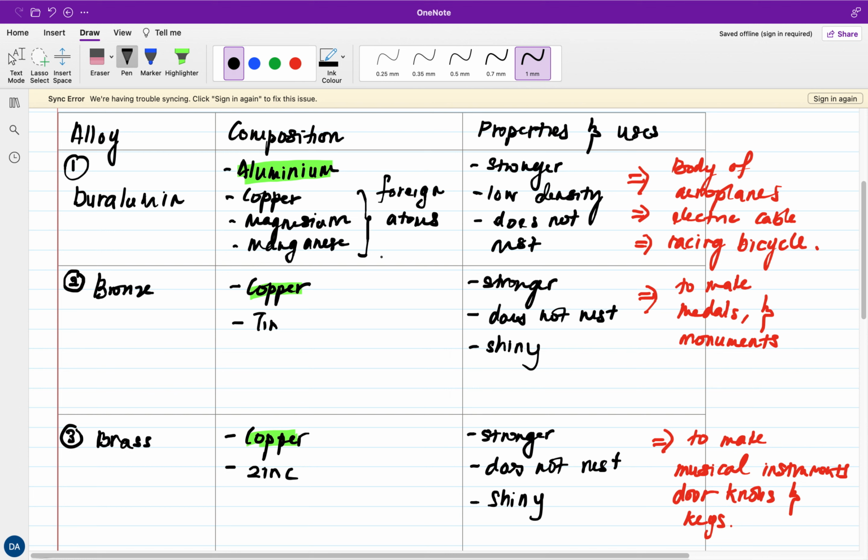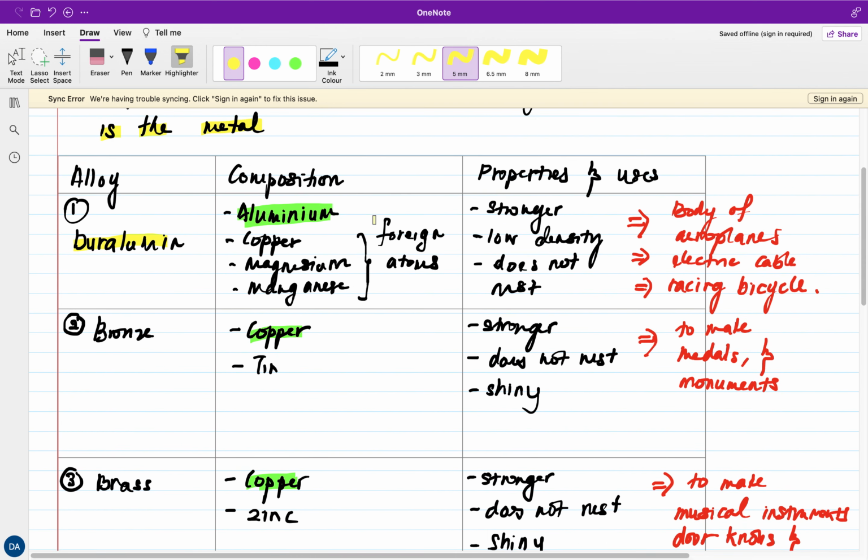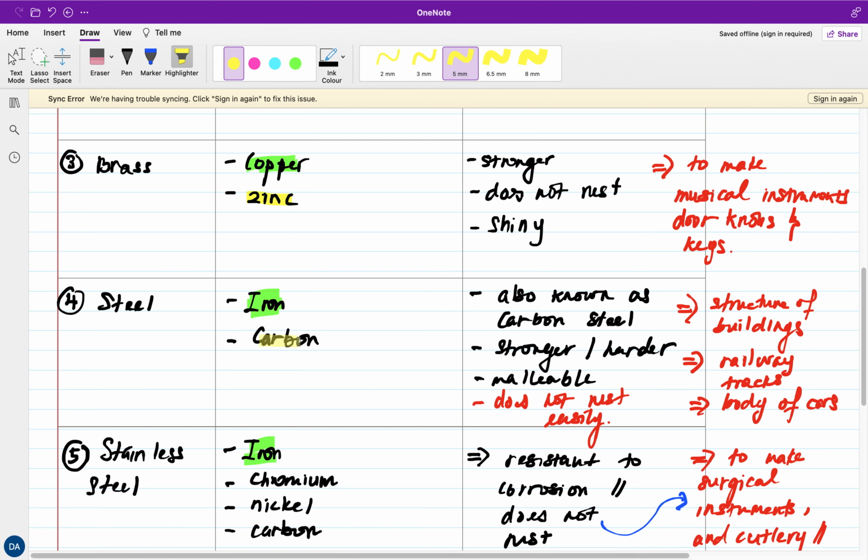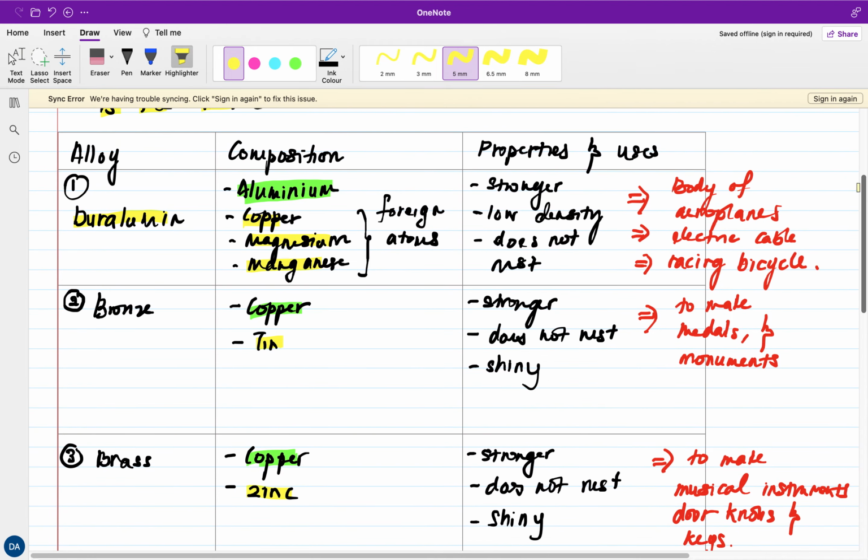You don't have to memorize the percentage of the components. All you need to know is the example of alloy and its major components, which I have highlighted in green, and the others will be the additions to it. You need to know the major component and the minor component, and you need to know the properties and relate the properties to the uses itself.